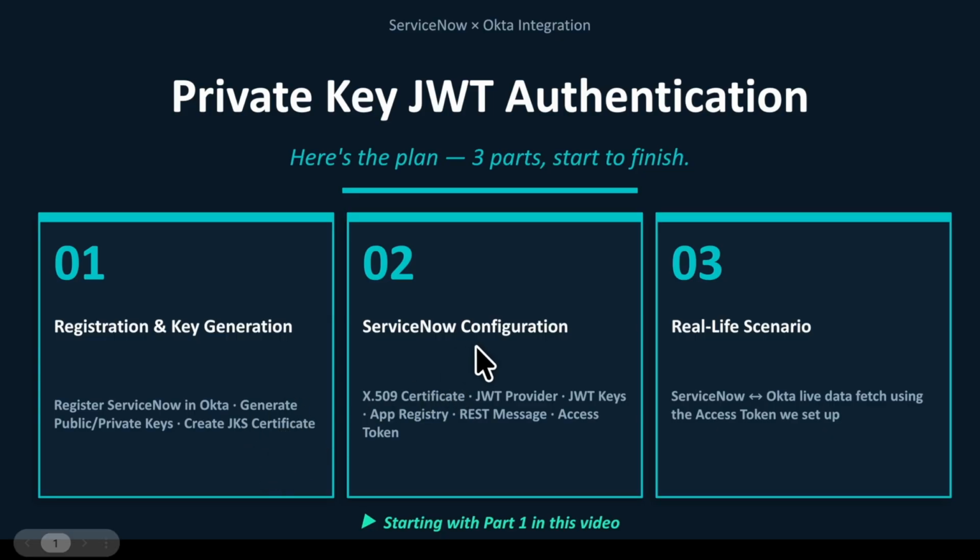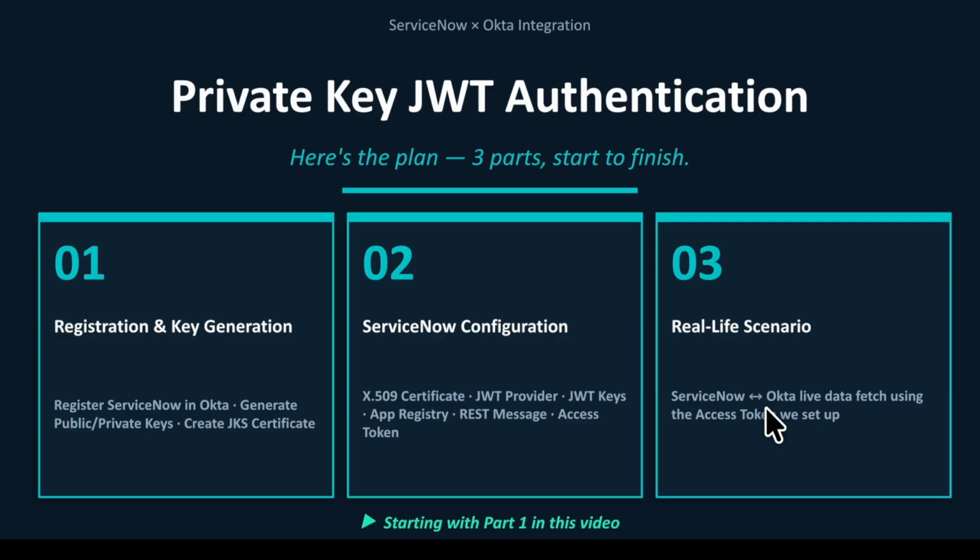In the second video, we will cover creating X.509 certificates, JWT provider, JWT keys, application registry and REST message, and anything else that is needed to get the access token in our hand, all the ServiceNow configurations. Once we have the access token, in video 3, we will do the integration between ServiceNow and Okta, a real life scenario, fetching data from Okta and updating data in Okta.